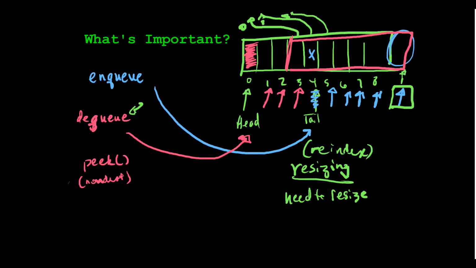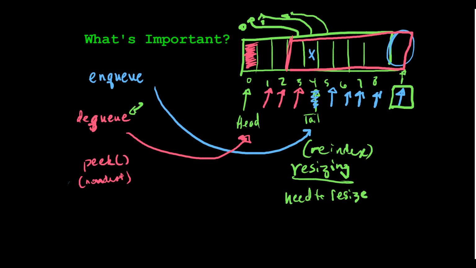Now, peek is going to be very similar to this. So template class T, T, Q bracket T, peek. And again, as before, if head is equal to tail, then we want to throw std::out_of_range.